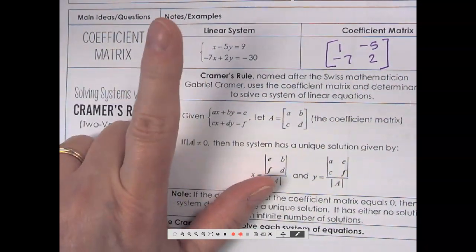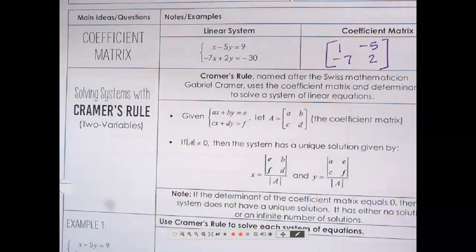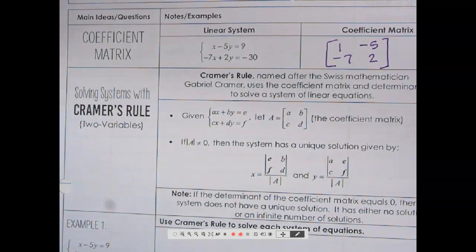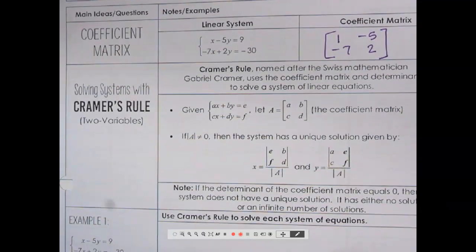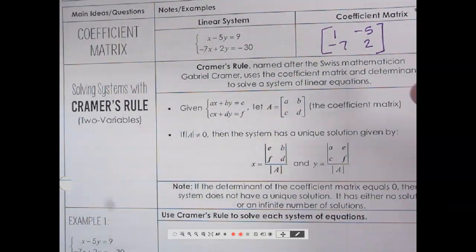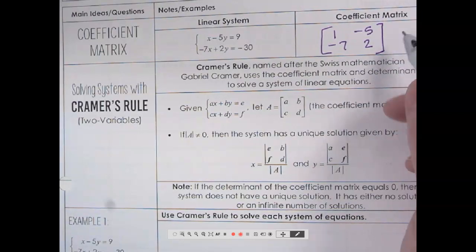So I'm going to take all x, y coefficients, translate them into a 2x2 matrix. With Cramer's rule we're going to find that determinant. This is the first system that we're using down here in example 1. So let's find this determinant.